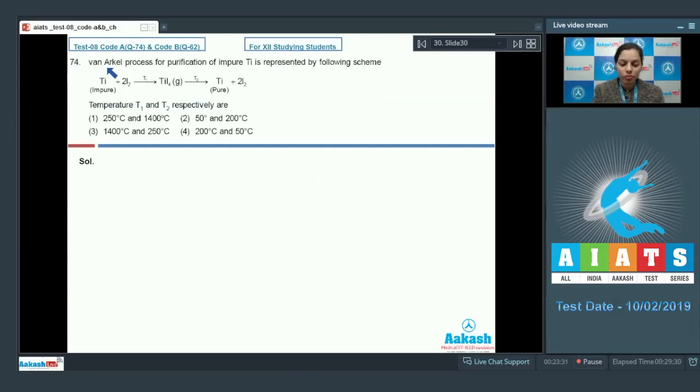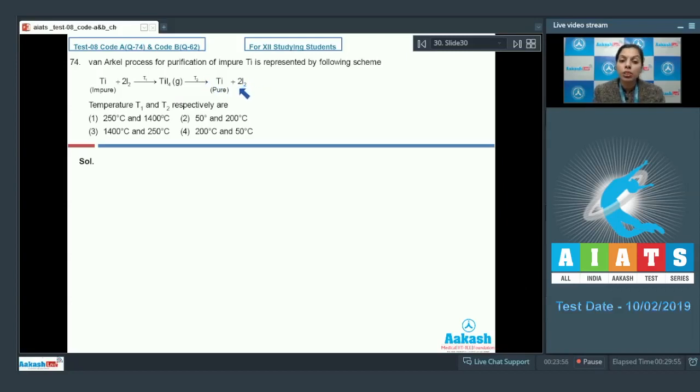Question number 74. The Van Arkel process is a well-known metallurgical process for the purification of impure titanium, which is represented by the following scheme. That scheme is given here. Impure titanium you are taking, iodine is mixed with it at a certain temperature, and tetraiodide is formed in the gaseous form, and further it is heated at another temperature to get the pure titanium, and iodine vapors are obtained.